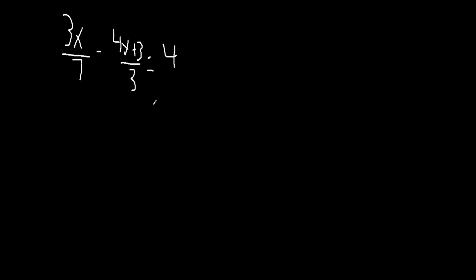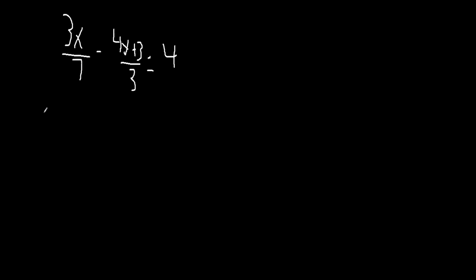So in this example, we have our two denominators, 7 and 3, and this works the same way as if the fractions are on different sides. We're just going to be taking our lowest common multiple and multiplying that by each side. So our lowest common multiple will be 21. 3 times 7 is 21, and 7 times 3 is 21.